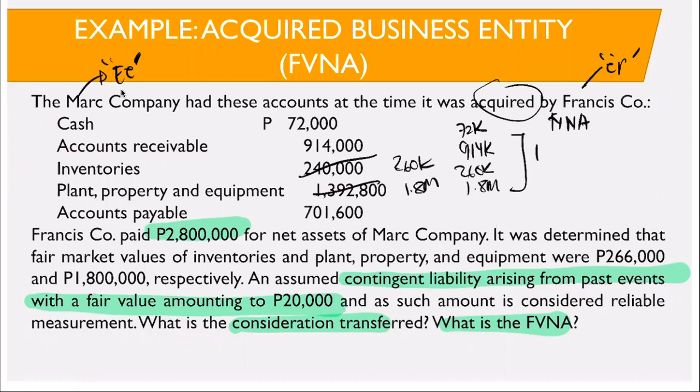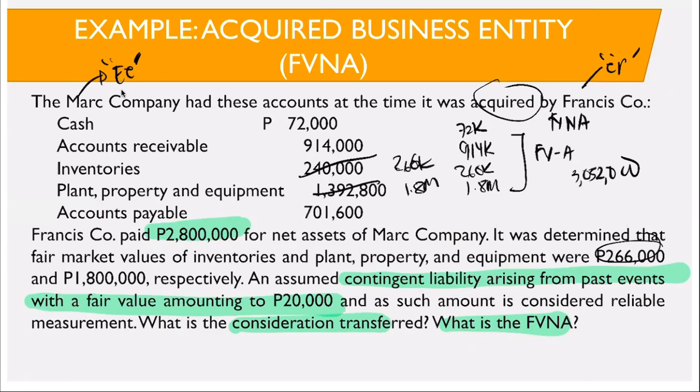So what is the fair value of assets? 72 plus 914,000 plus 260,000 plus 1.8 million will give us 3,046,000. I think this is 266, the inventory. Let's recompute. 72 plus 914 plus 266 plus 1.8 million. We have 3,052,000. Okay? So this is 3,052,000.